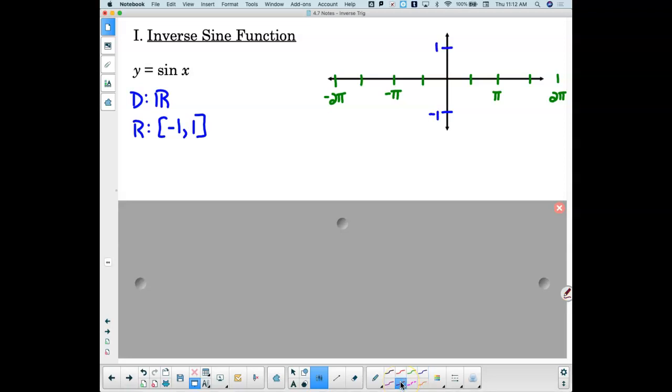So we said it started in the middle, then went up, back to the middle, then down, back to the middle. If I continue that backwards, it would go down, middle, up, back to the middle.